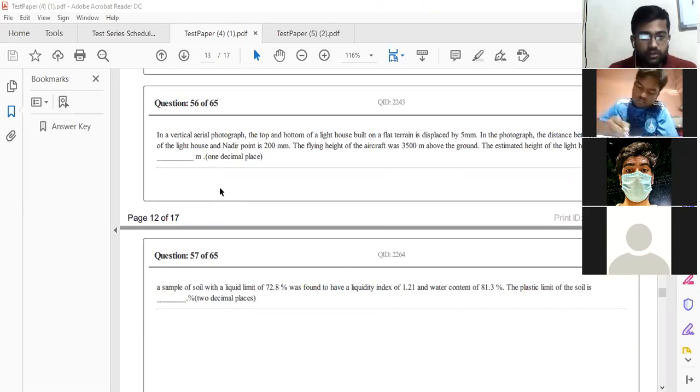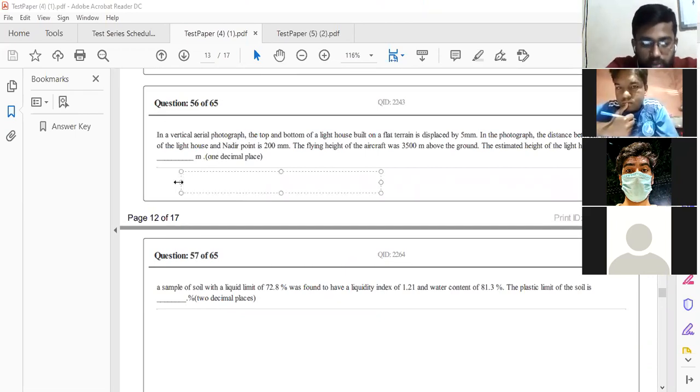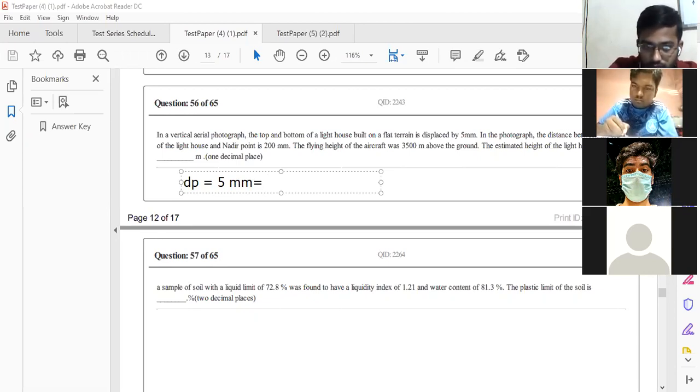Now, in a vertical aerial photograph, the top and bottom of a lighthouse built on flat terrain is displaced by 5 mm. Okay, so displacement I am considering as d. Displacement is 5 mm, equal to 5 divided by 10, we get 0.5.